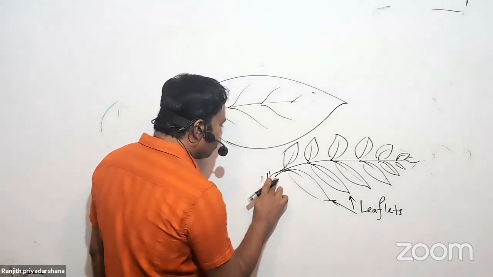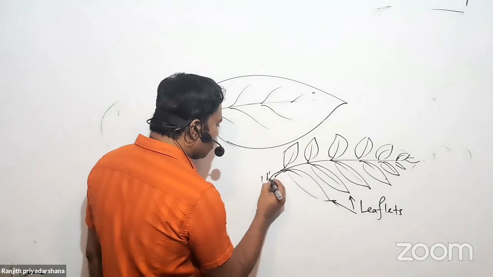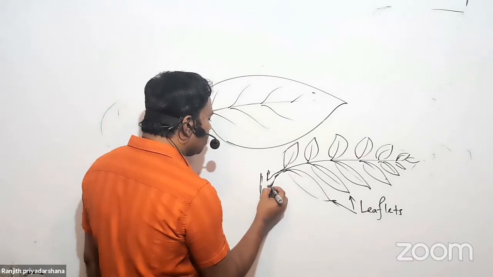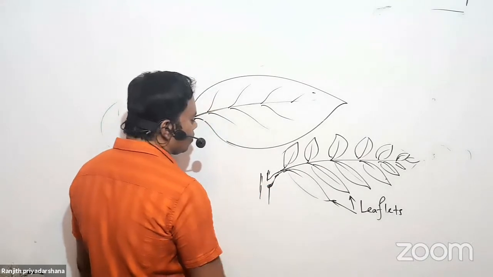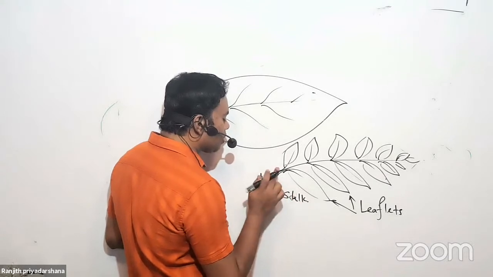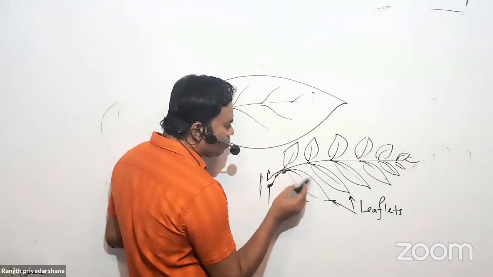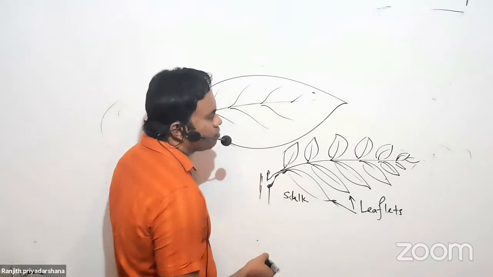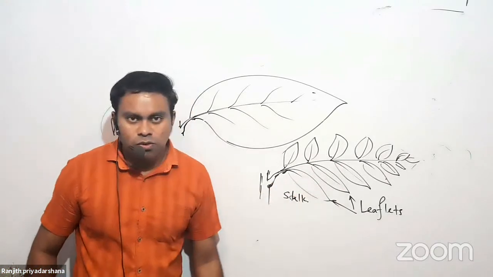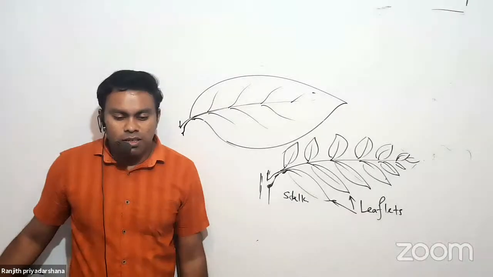Where a leaf is connected to the stem, what is this known as? The petiole. Stalk. In the case of flowers, we use the term pedicel, the flower stalk. So these are leaflets. What they expect is the term leaflets. Altogether, that's a compound leaf.